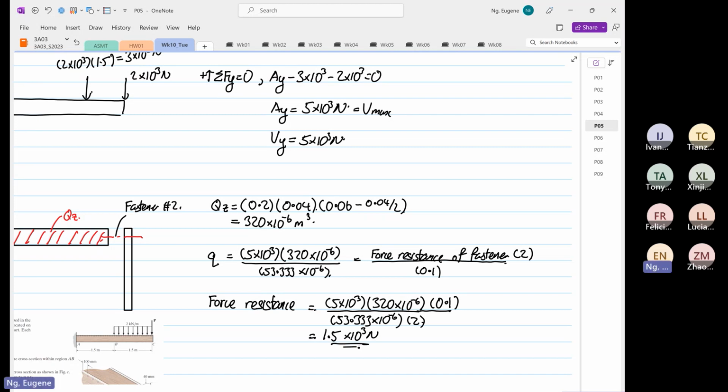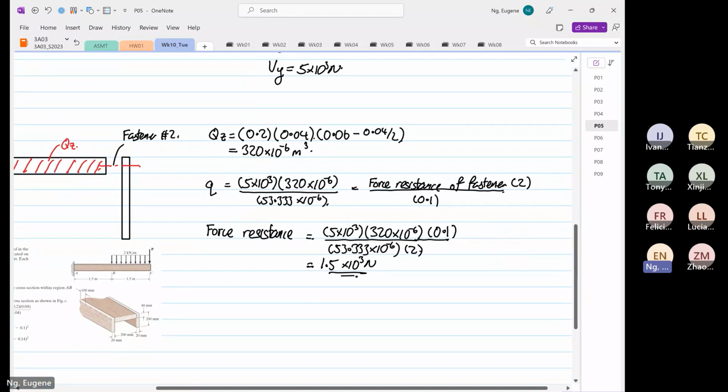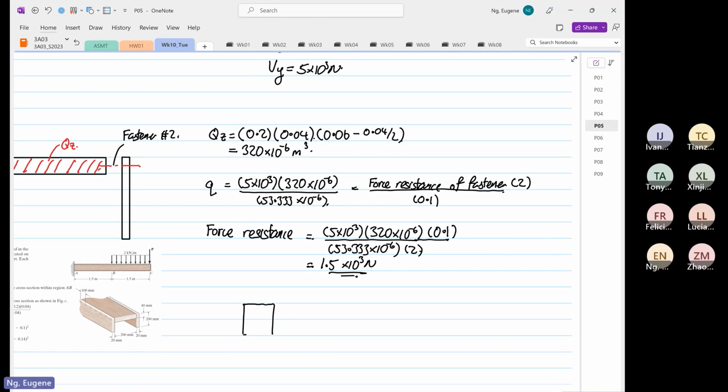Okay. So remember this force that is applied if we draw an element. This force over here, and this force over here. If I were to draw our transformation, this is Y, this is Z. Shear YZ is equal to shear ZY, and we know that this will be equal to force divided by area.